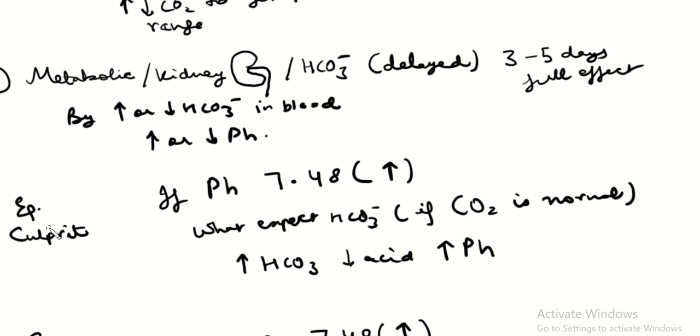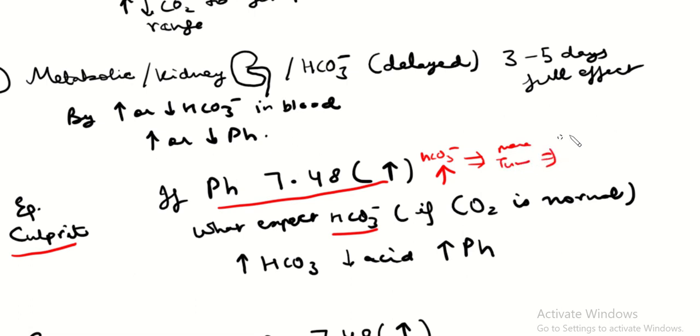So let's start with this being the culprit or cause. So if I see a pH of this, what am I expecting my bicarb to be if the carbon dioxide is normal? So again, bicarb will be high, which would lead to more Tums, lead to higher pH, because there's going to be less acid.